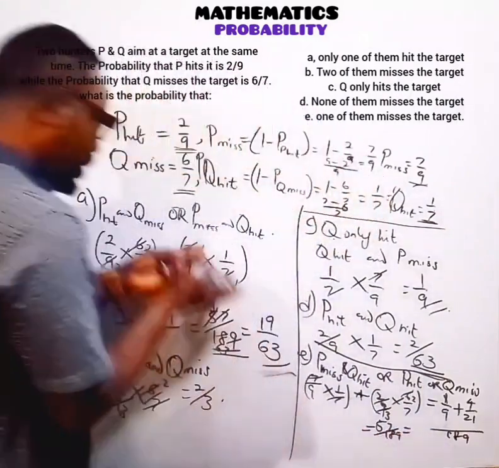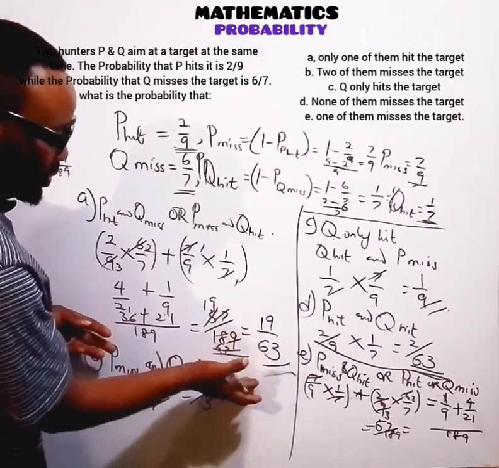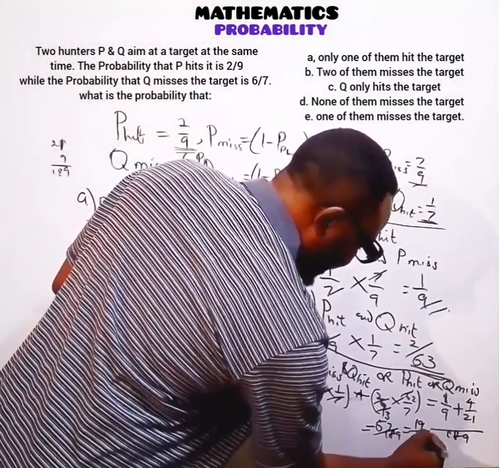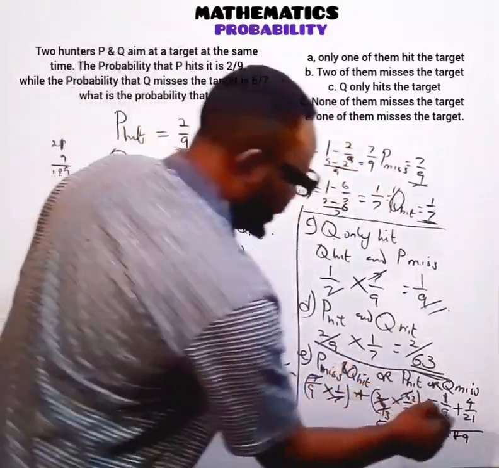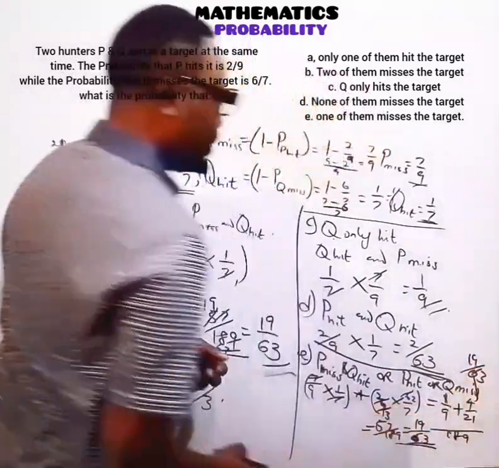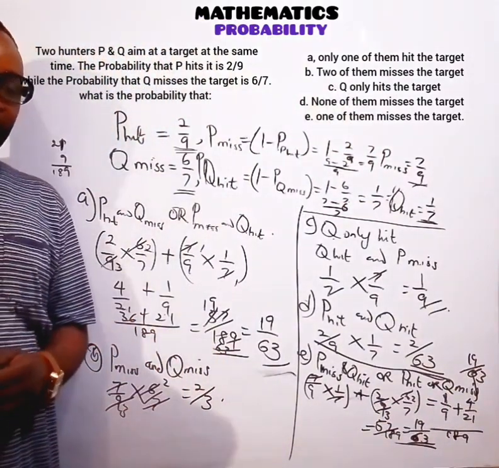You're going to get the same answer as the one we have here, which is 19 over 63. That is the final answer when one of them misses the target.